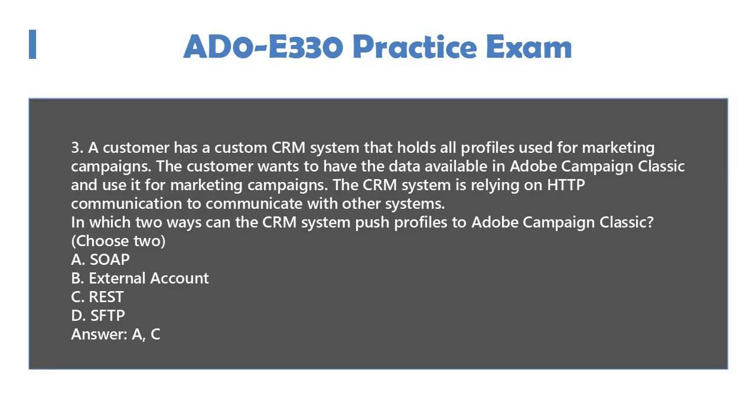In which two ways can the CRM system push profiles to Adobe Campaign Classic? Choose 2. A. SOAP. B. External account. C. REST. D. SFTP. Answer: A, C.